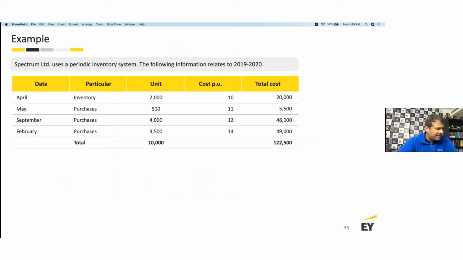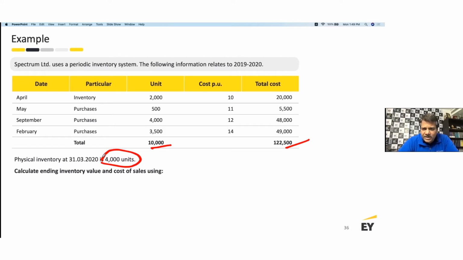So the total units purchased is 10,000, and my total cost is 1,22,500. My physical inventory at the end of the year is 4,000. This is important information.